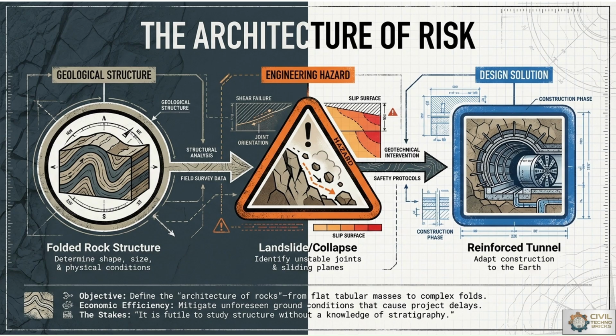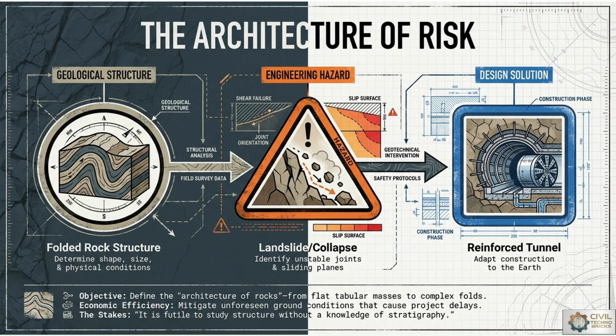The objective behind that architecture to prevent risk is to define the architecture of rocks, from flat tabular masses to complex folds, and the characteristics of the geology. Why do we have to do this? Because we have to achieve economic efficiency, with mitigation of unforeseen ground conditions that cause project delays or project failures.